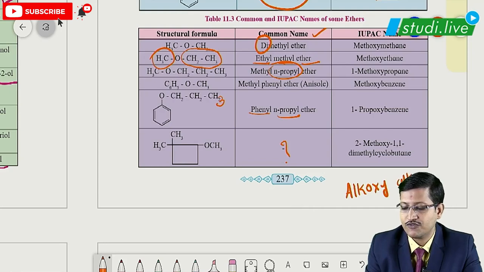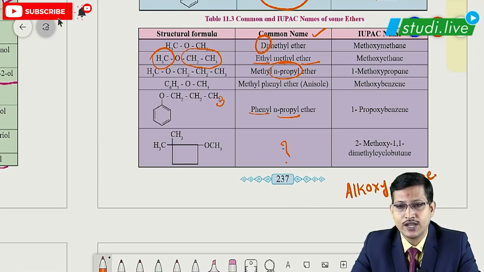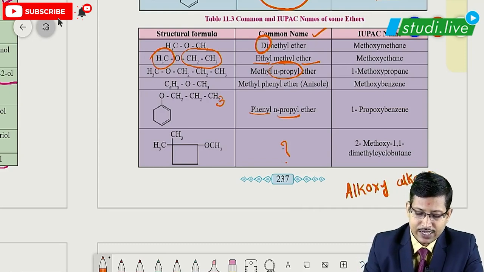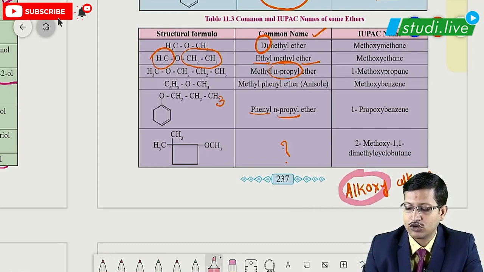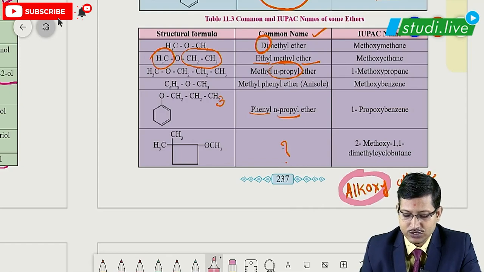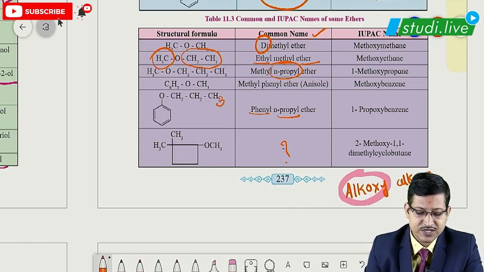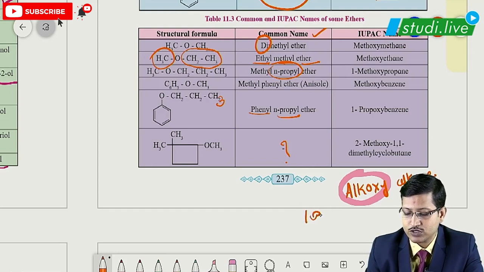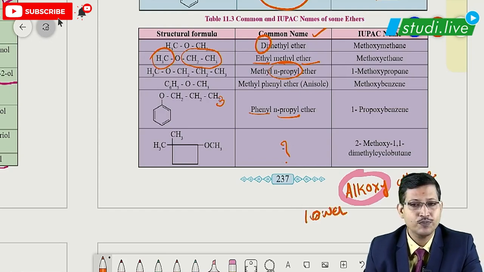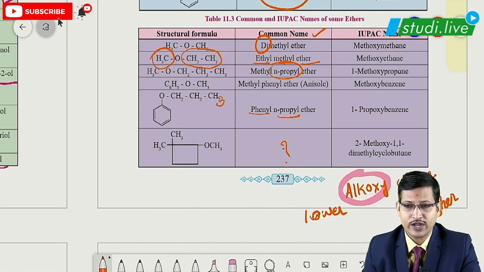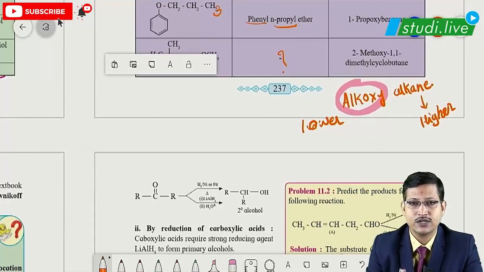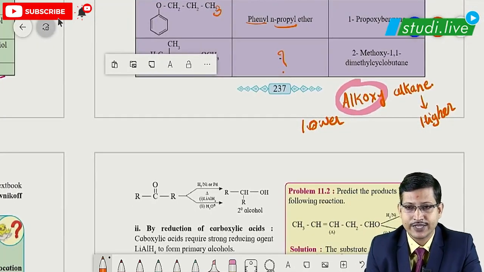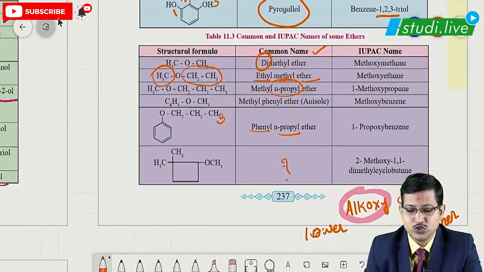When we are using this word alkoxyalkane, this alkoxy group is basically the one which is having the lower alkyl group, and this alkane is the one which is having the higher alkyl group. Now what is that lower and what is that higher? Let us understand this clearly. I'll come to an example to talk to you.